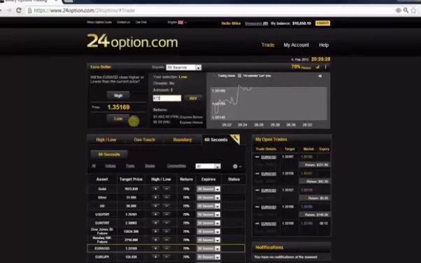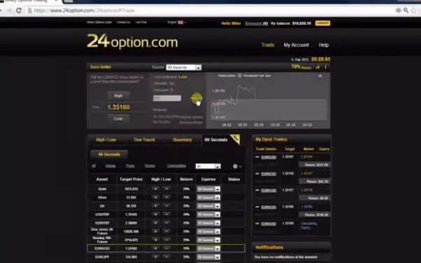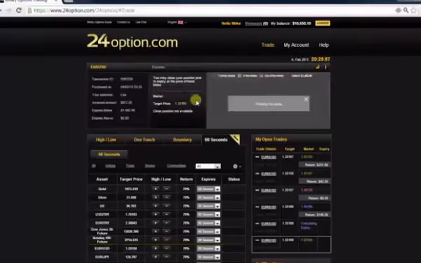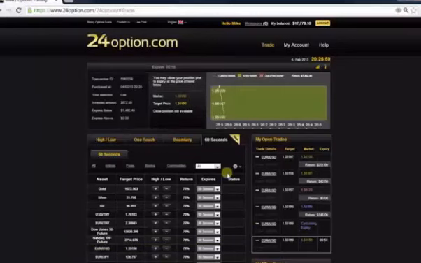If we lose this trade, okay, we're going to wait to see what the outcome of this trade was. Okay, we're going to purchase our next trade. Okay, it looked like it was a tie.